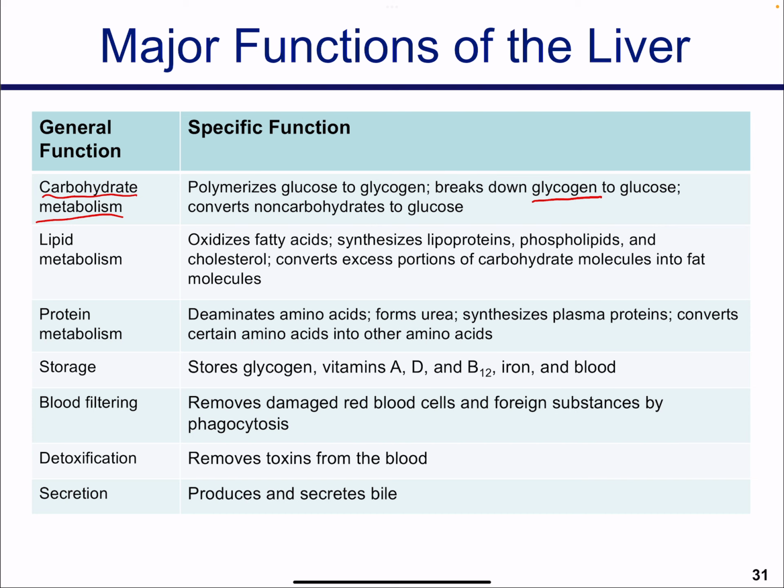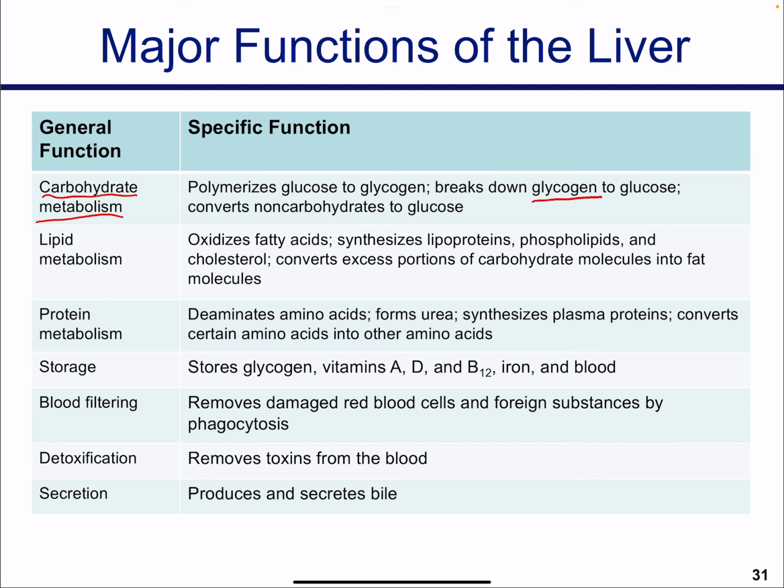Okay? So really, you don't only have synthesis of glycogen, you also have the breakdown of glycogen by releasing single molecules of glucose in case the body needs glucose in the blood.